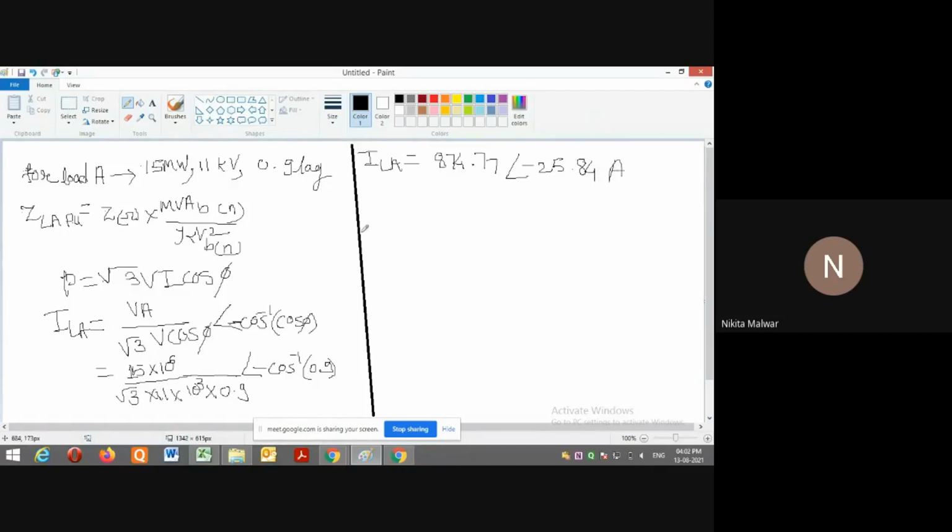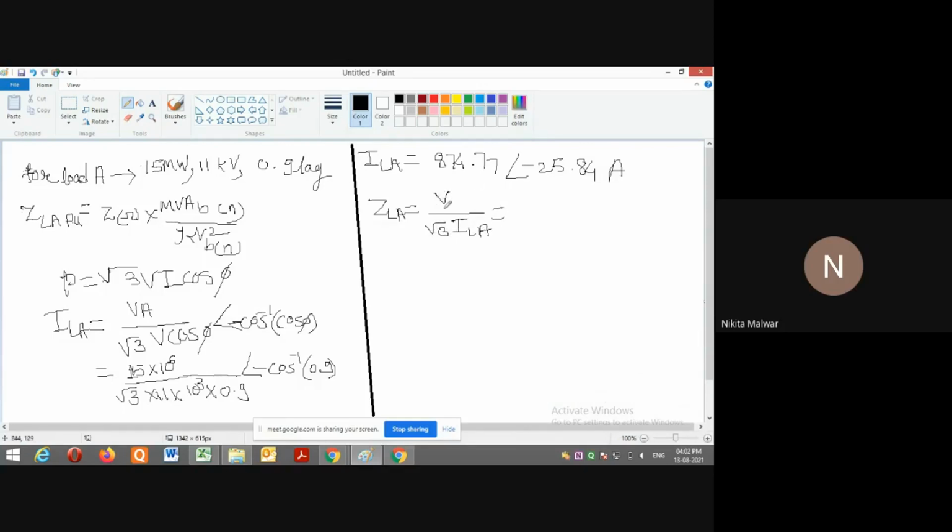Now we will find this impedance. ZLA is equal to V by root 3 into ILA. Why have we taken root 3 here?